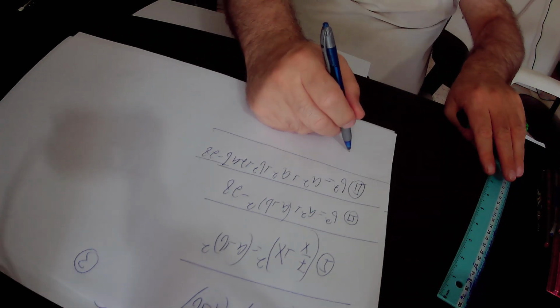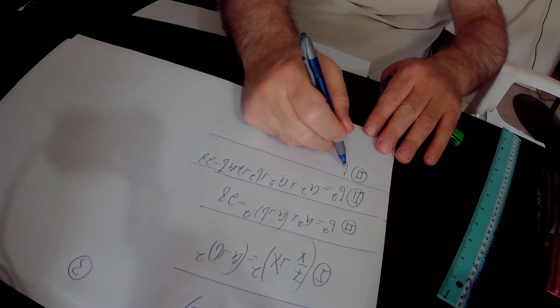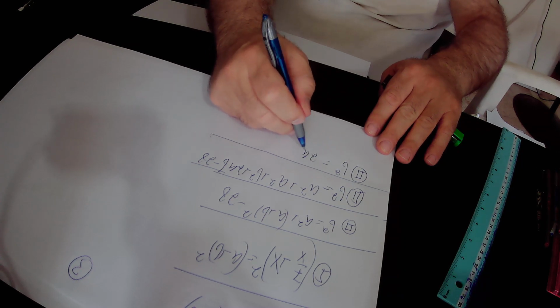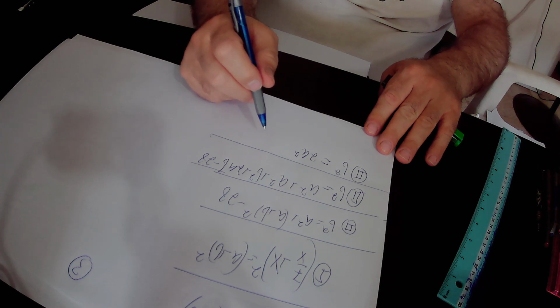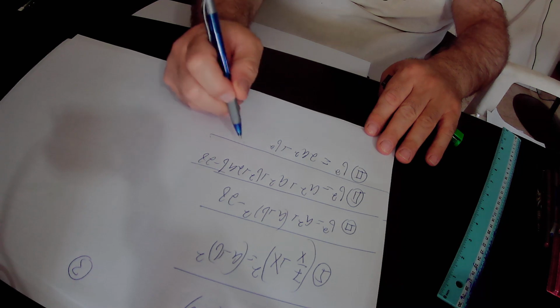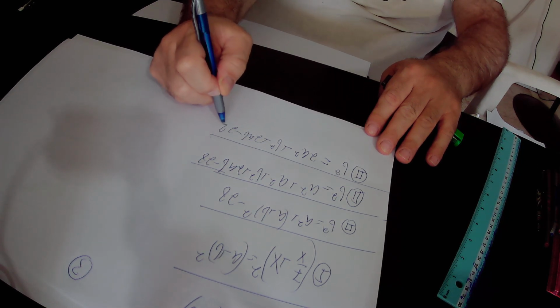So according to equation 2, b squared equals a squared plus a squared, which is 2a squared, plus b squared plus 2ab minus 28.